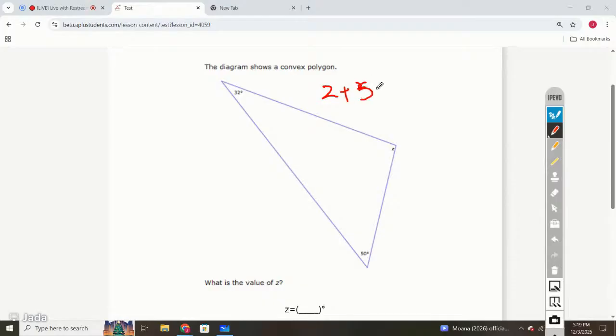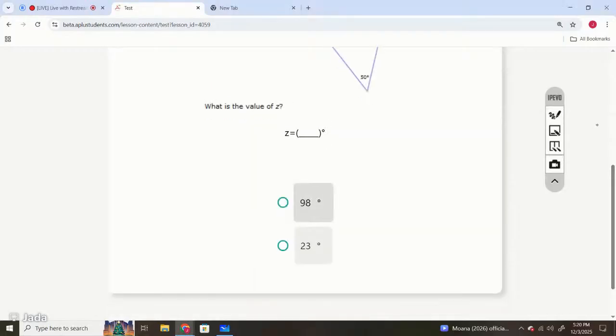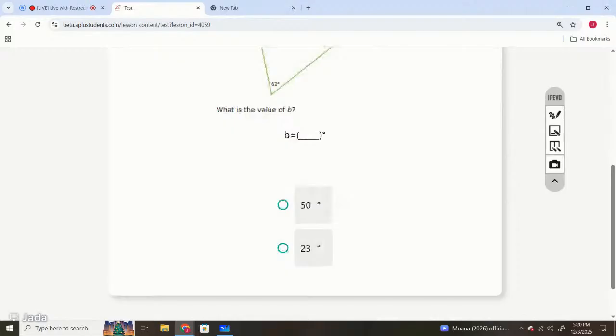So z plus 50 plus 32 is equal to 180. So z is equal to 180 minus 82. Which is the correct option? That is 98 degrees. The correct option is 98 degrees.